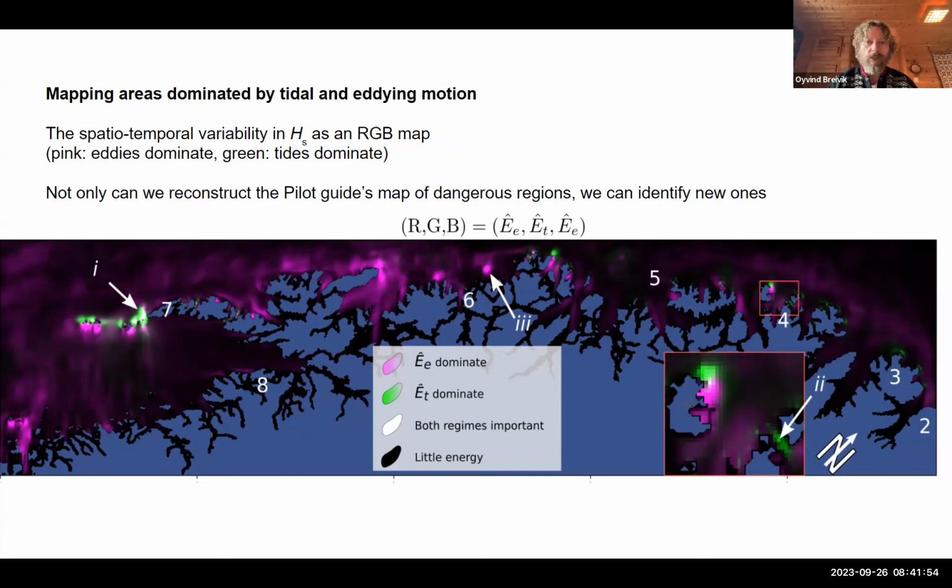We're just doing a Fourier transform of the difference between the wave height in a wave model run without and one with wave current interaction. So we're just simply looking at the difference and Fourier transforming that, and then we're asking, in 2 frequency bands, one which we think is typical of eddies and one which we know is typical of tidal activity, where do we see these hotspots?